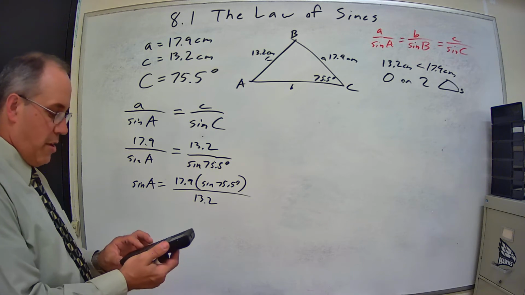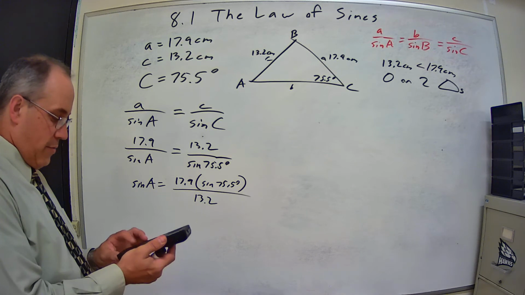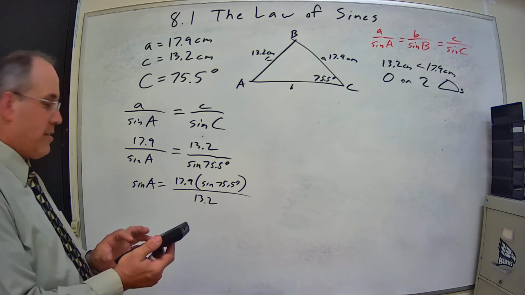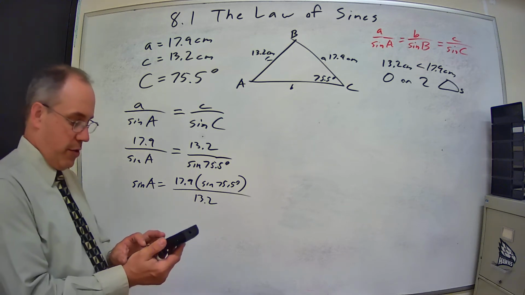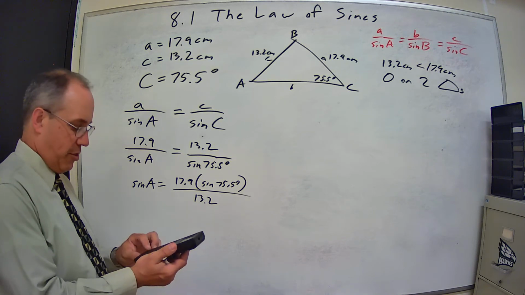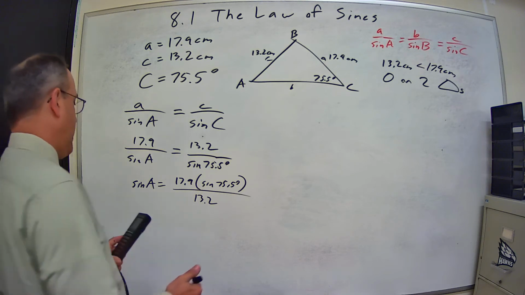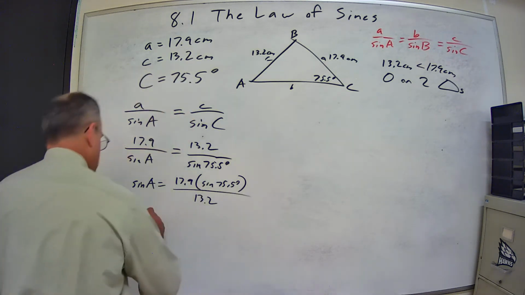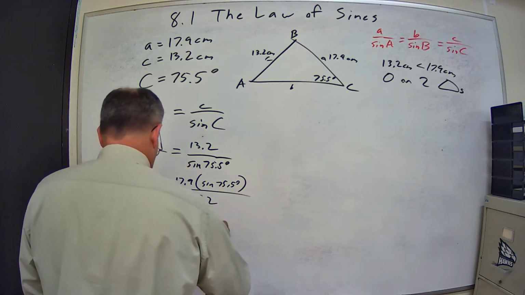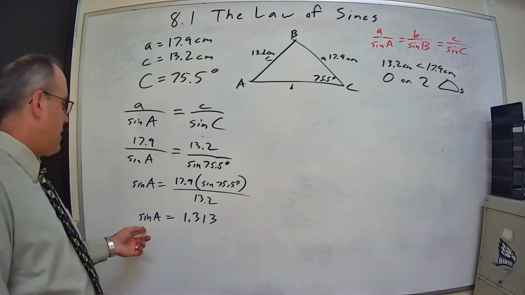I hit the wrong button, sorry. I accidentally hit multiply instead of divide, so it came out very interesting. I divide and I get that the sine of A is equal to approximately 1.313.